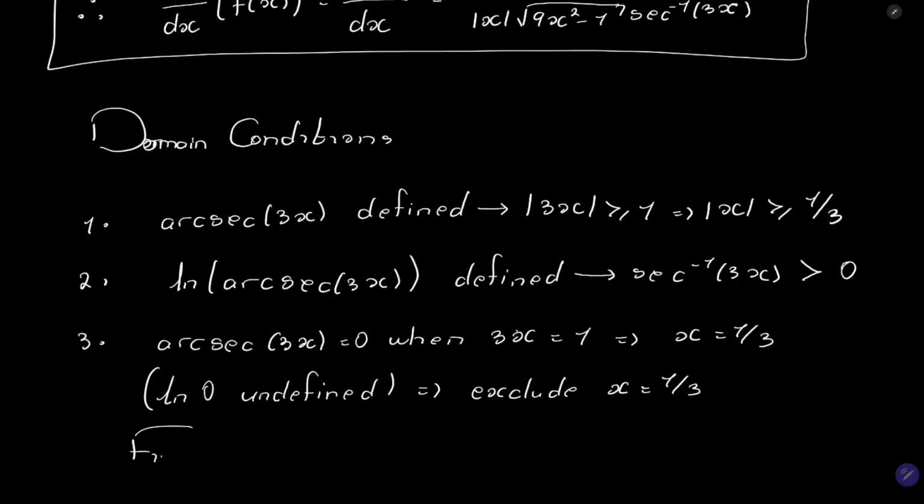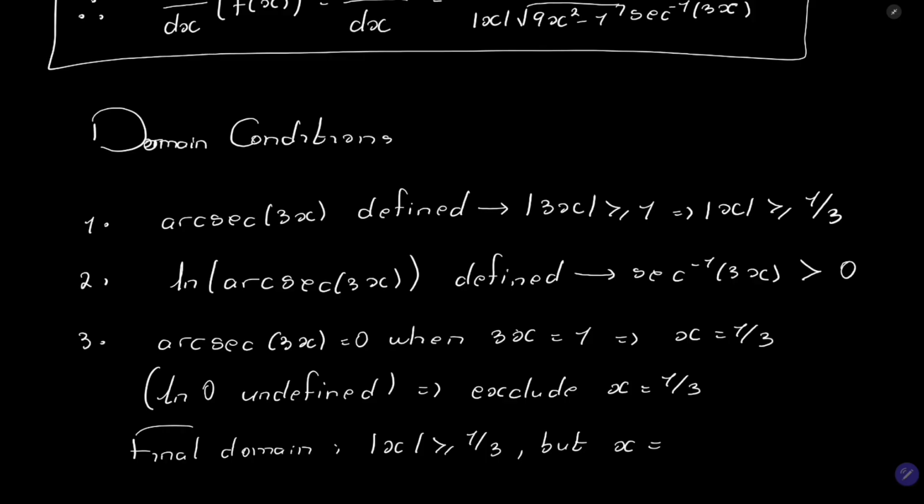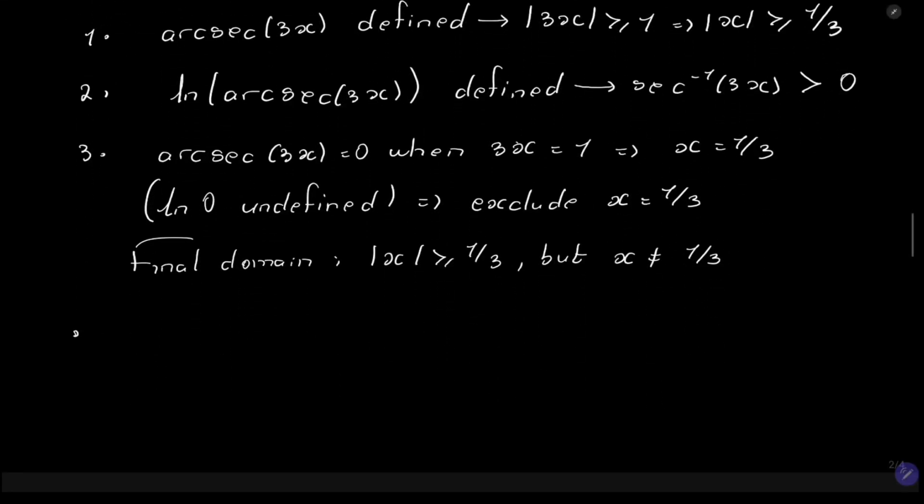So our final domain is absolute value of x greater than or equal to 1/3, but x not equal to 1/3. So what can we then conclude?